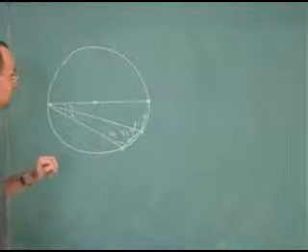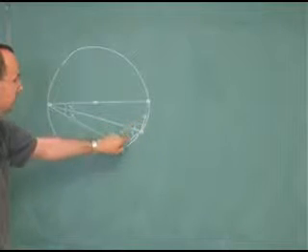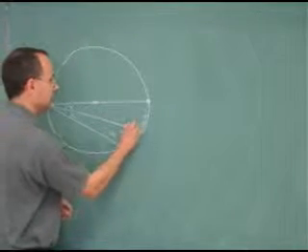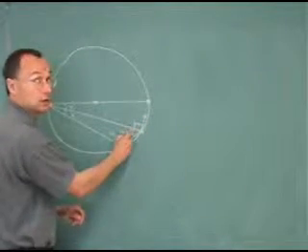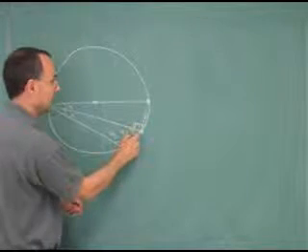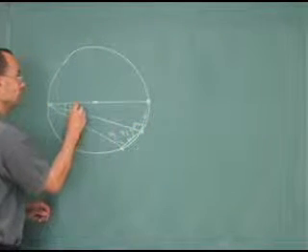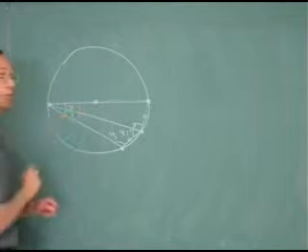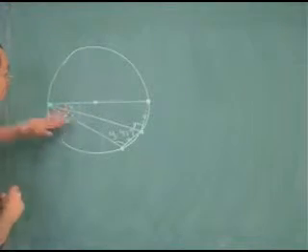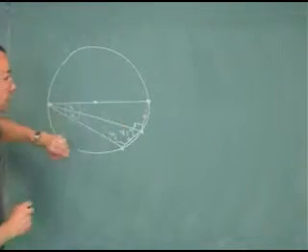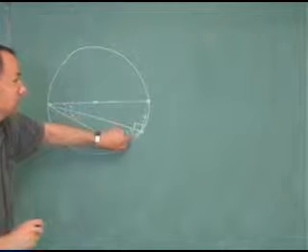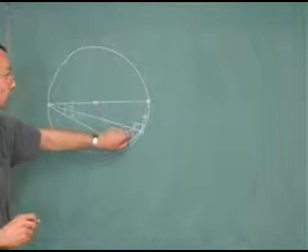And what I can identify is I know this entire angle here because that's 90 plus 42. So this angle here must be supplementary to both of these put together. So just ignore the line down the middle for now. This angle here is 90 and 42.